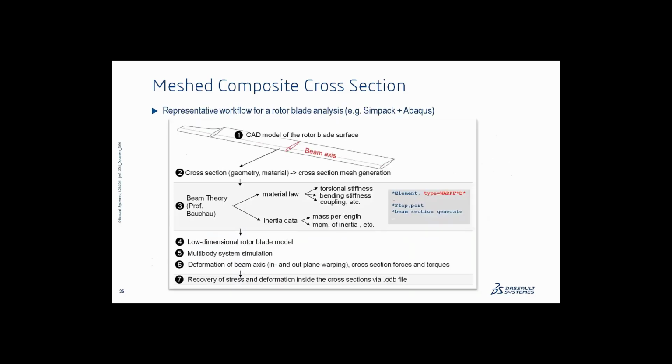And just a quick example of a typical application. Here we're looking at a rotor blade, maybe of a helicopter or a wind turbine. It's got some varying cross sections. We generate the cross section properties using the beam section generate, and we get a lower dimensional beam representation here.